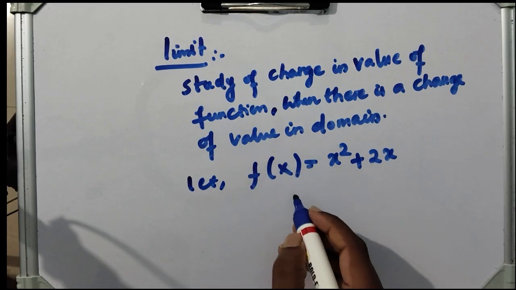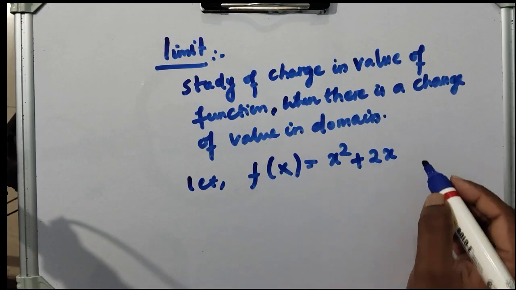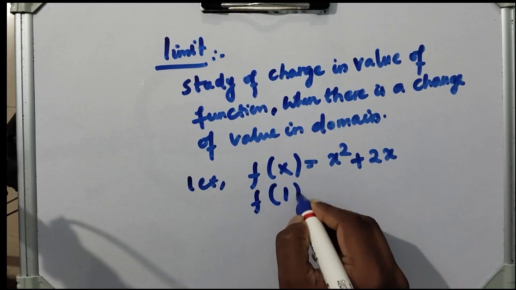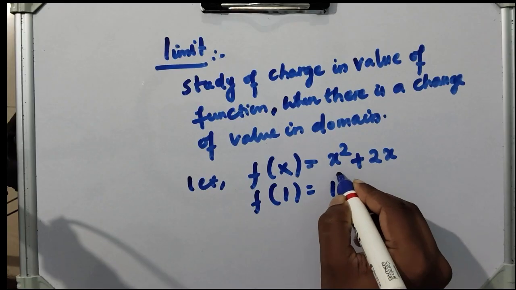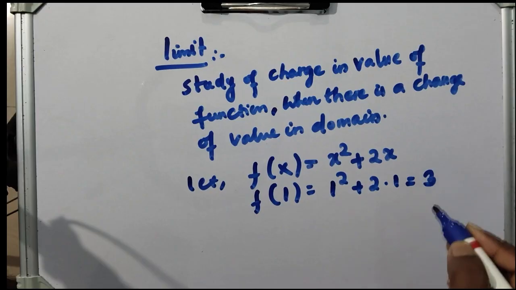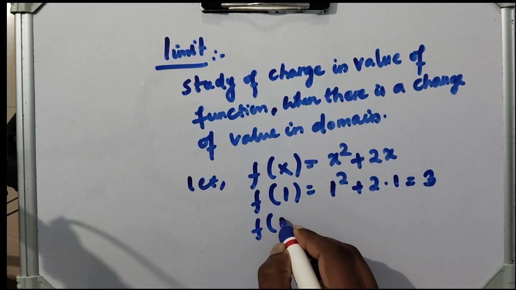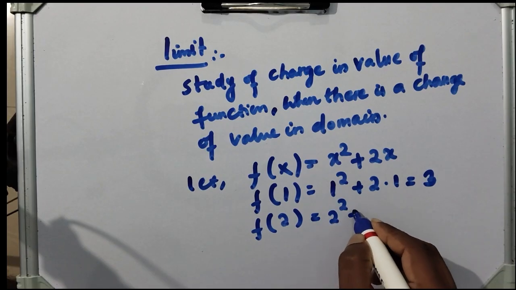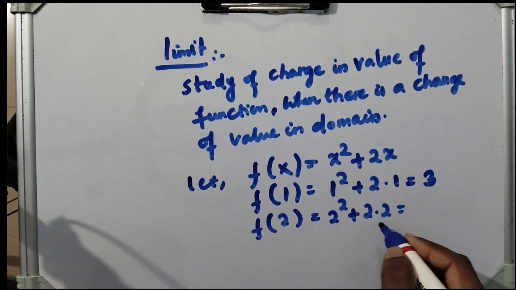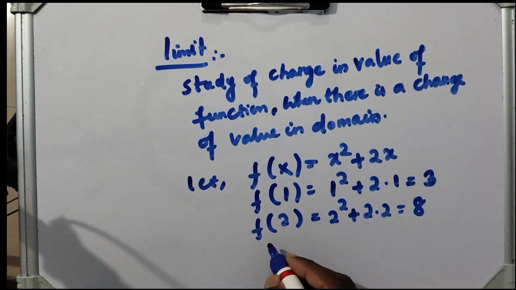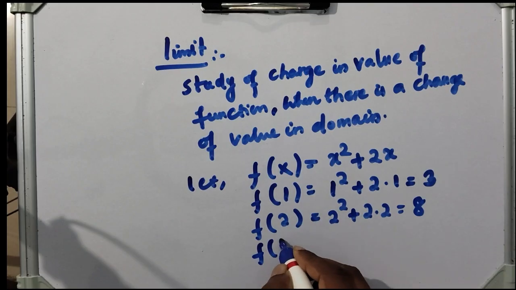So when x changes to 1, f of 1 becomes 1 square plus 2 into 1, which is equal to 3. Now when the value changes to 2, it becomes 2 square plus 2 into 2, that is equal to 4 plus 4, 8. Again, when the value changes to 1.2, what will be the value?